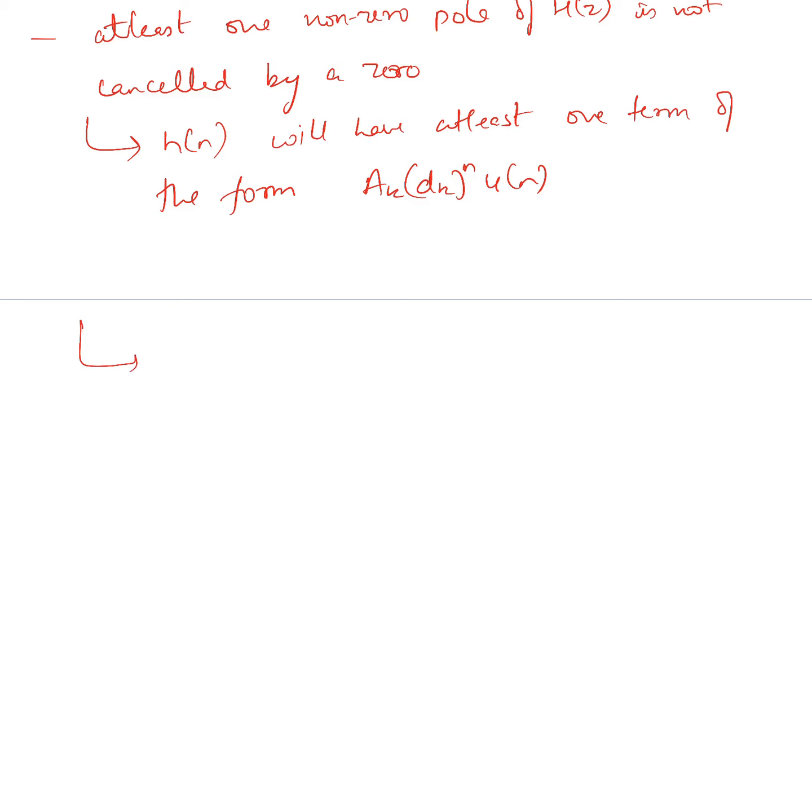The other implication is that your h(n) will not be of finite length. Those systems we call IIR systems, infinite impulse response systems. So this is the first class.